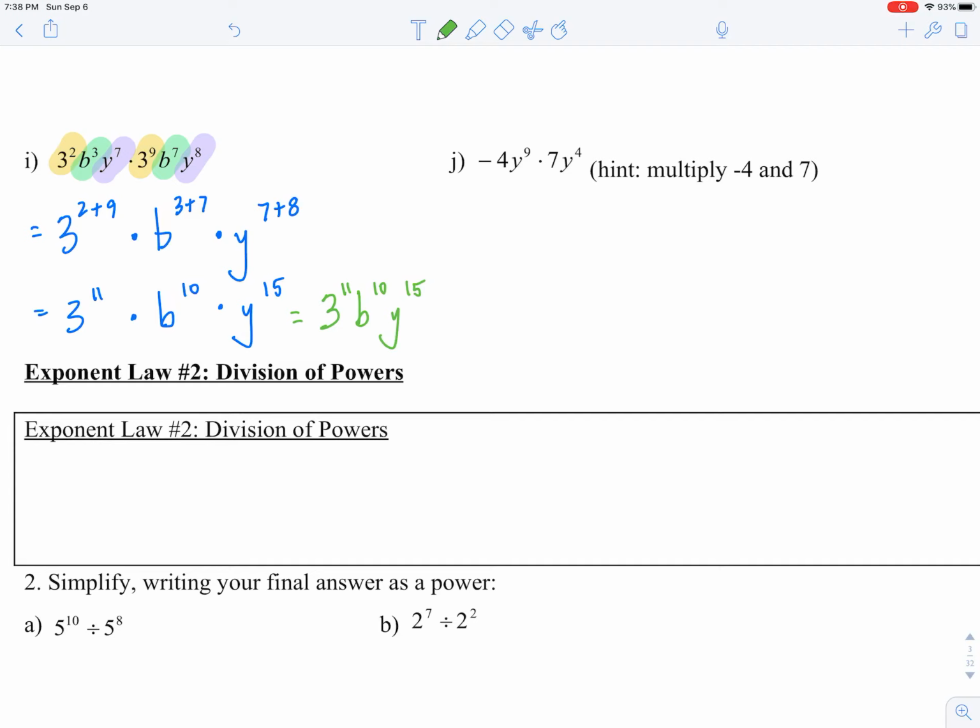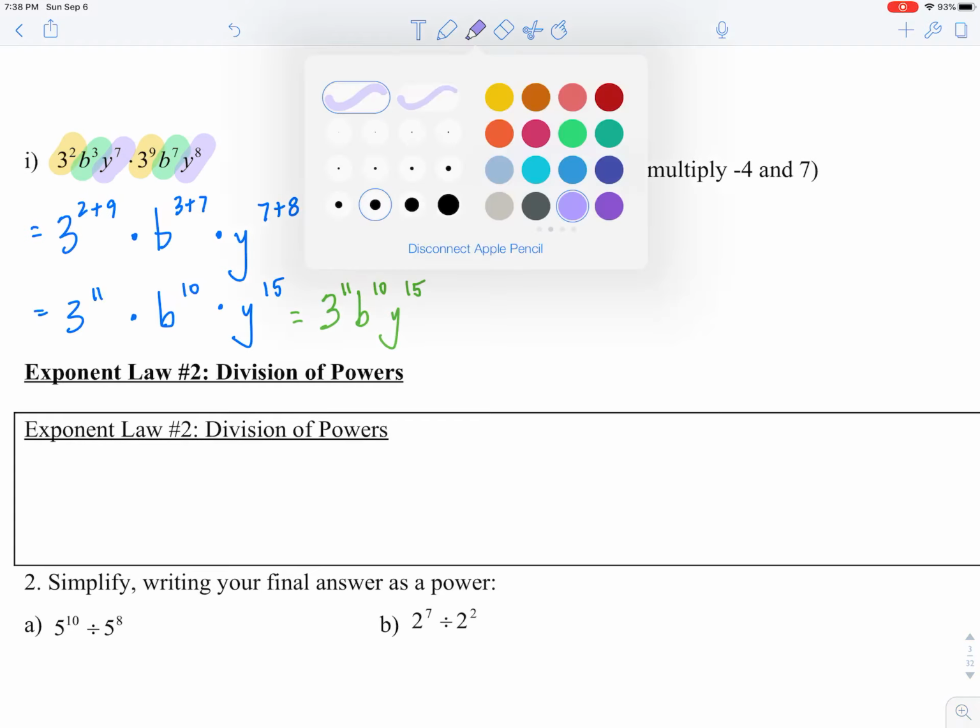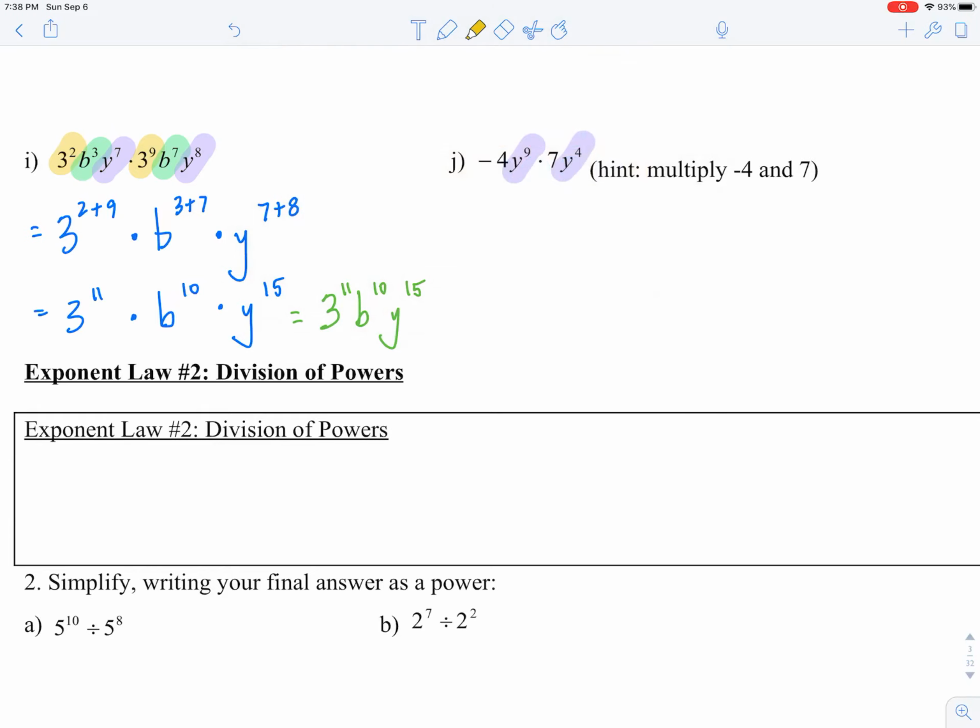Okay. J is going to have something new here. Here, we've got the y's, and they match. But then out front, I'll use that green here, I've got these two numbers, and they do not match. But that's okay, because I have a number out front times another number out front. I can just multiply those two numbers.